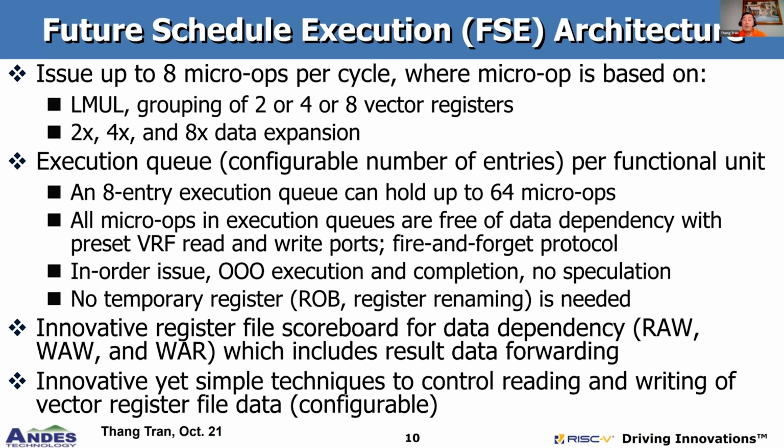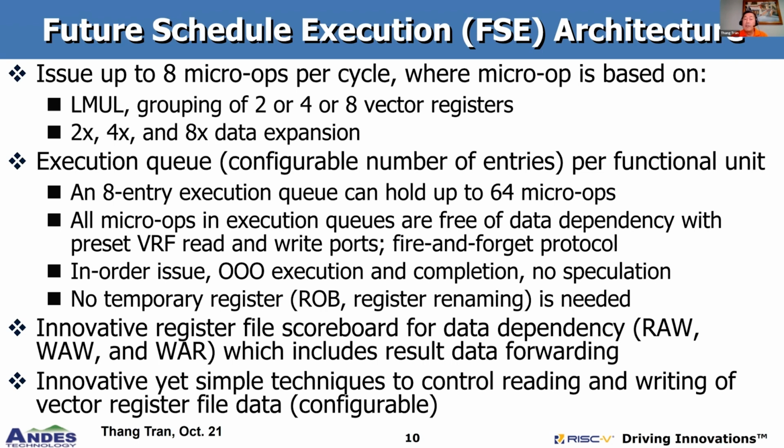The vector instructions are executed after the retire stage of the main CPU pipeline. So the instructions are no longer speculative and can write back to the register file as long as there is no data dependency, for which we use an innovative register file scoreboard.